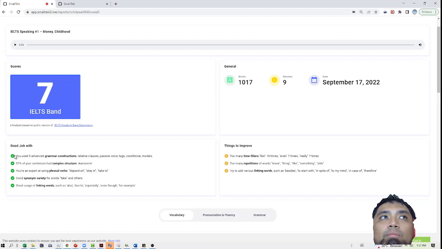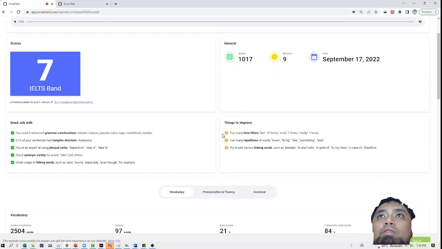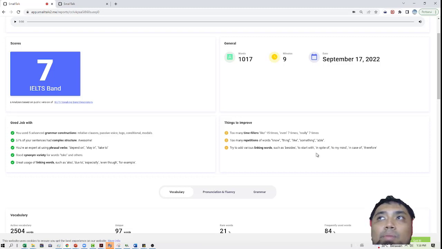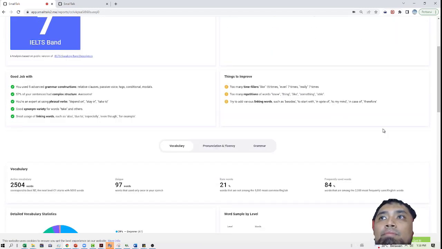Di sini kita diberitahu misalnya kita sudah bagus menggunakan apa, terus ini expert in using ini, good synonym variety words, great use of linking words. Terus ada juga beberapa hal yang harus dikurangi, misalnya time fillers ya, terlalu banyak menggunakan kata yang sama, too many repetitions, dan menggunakan linking words yang sama gitu. Jadi diminta untuk menggunakan misalnya besides, to start with, in spite of, to mind of, dan seterusnya.